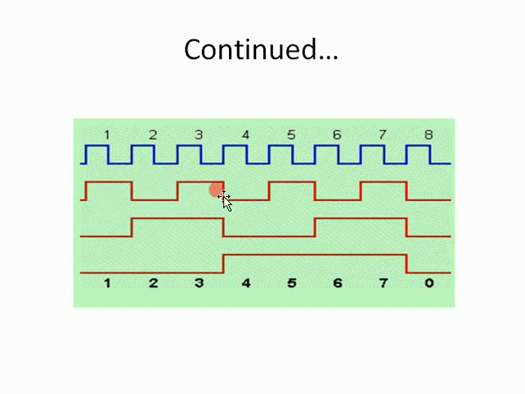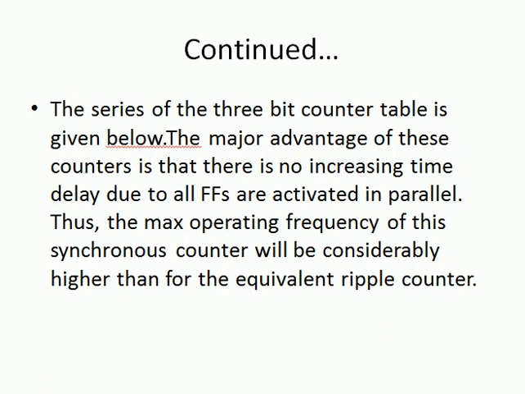So 1 0, then again 1 0. So at the second we are having this output, and for the last one we are having this. So the series of the 3-bit counter table given below, I have discussed with the clock pulses here.